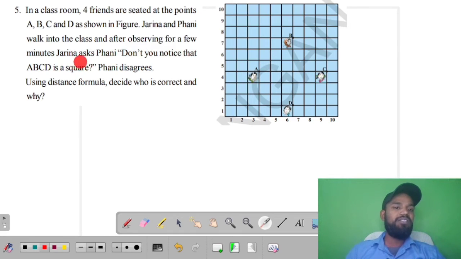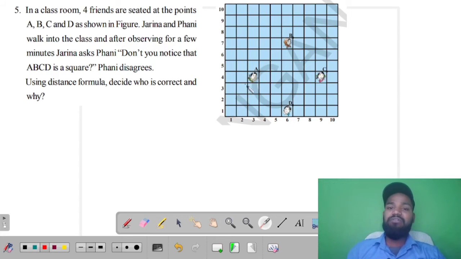So Zarina asks Pani this thing. Then Pani disagrees. Using the distance formula, decide who is correct and why. So we need to find all the distances, and we need to decide who is correct. That is the question here.